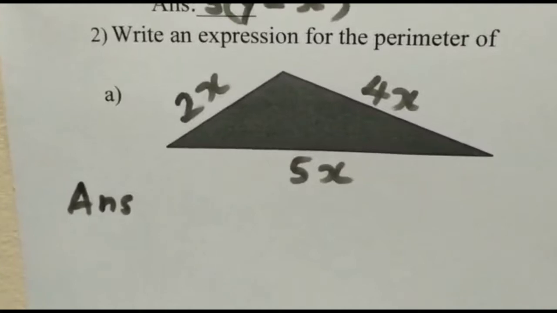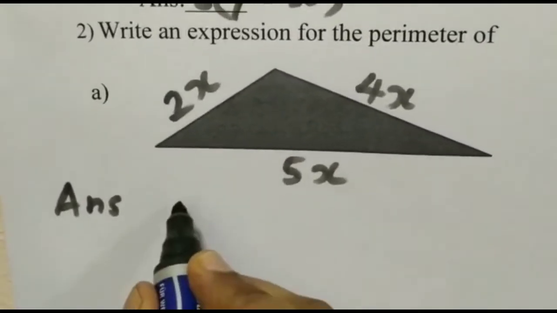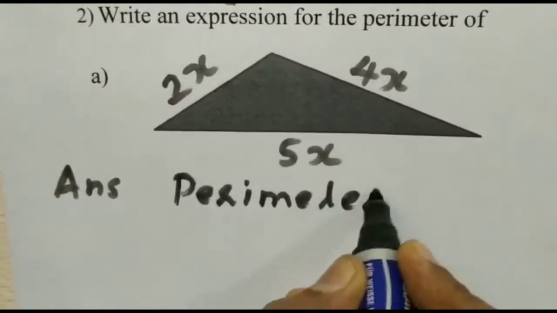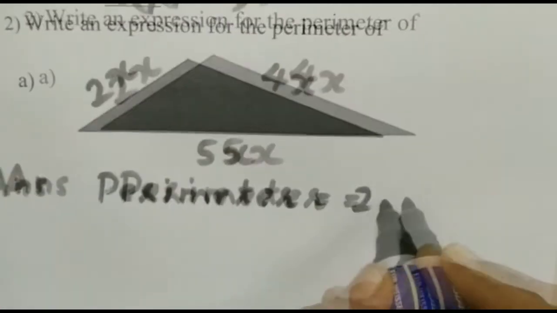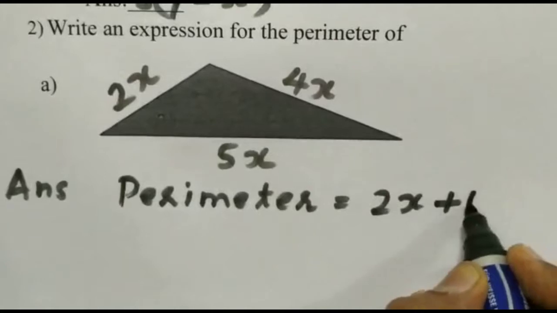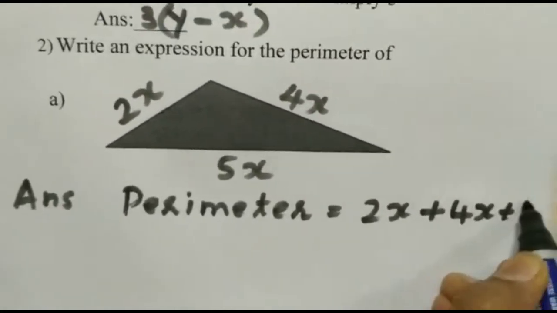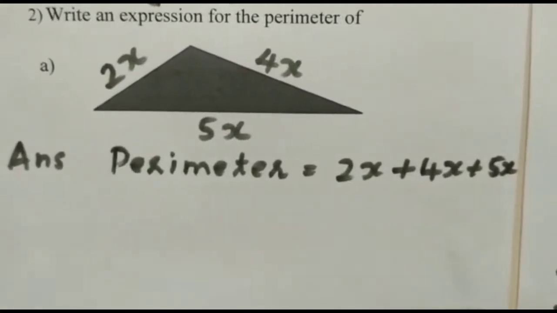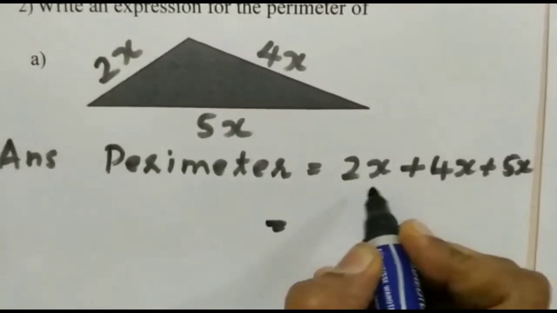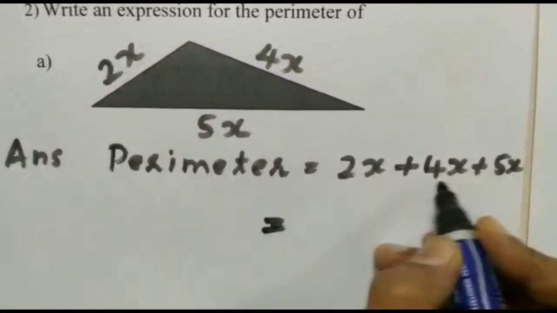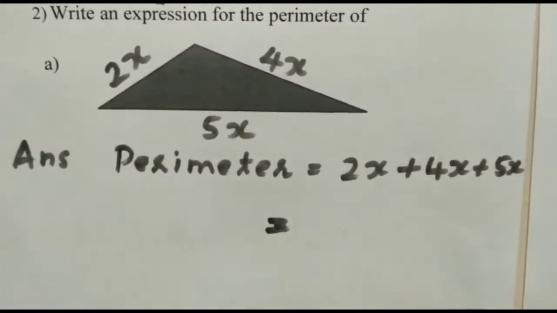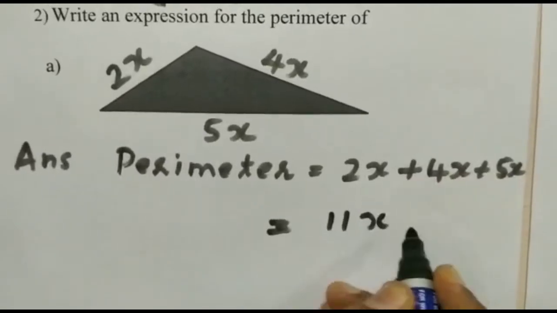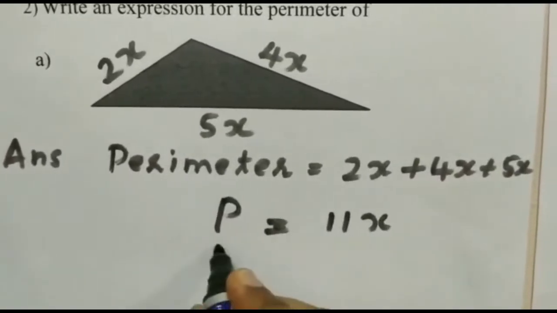So perimeter is equal to the sum around the sides. Algebraic addition, you know how to add. The coefficients we should add first. 2 plus 4 plus 5. 2 plus 4 is 6, 6 plus 5 is 11. 11x is the answer. Perimeter equals 11x.